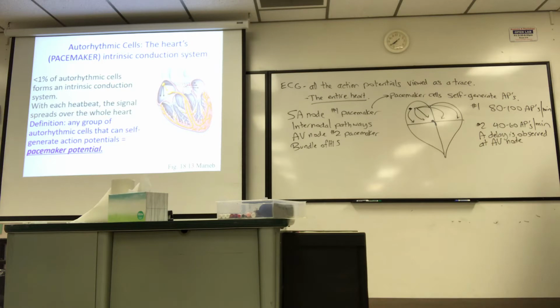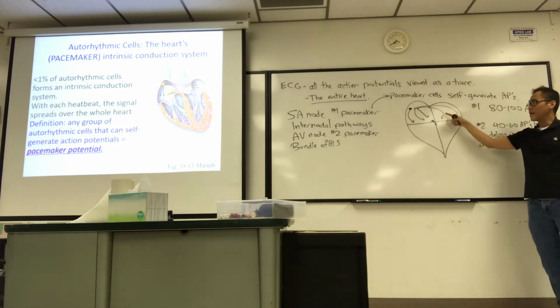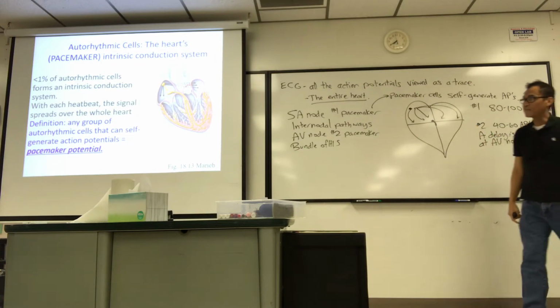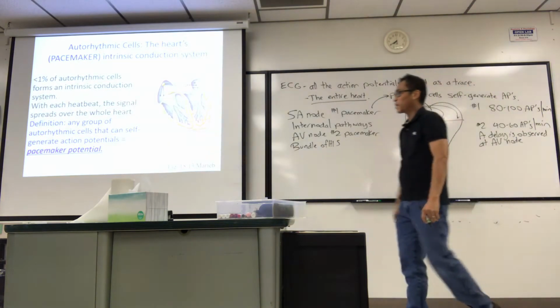And that's good, because if you recall, the atria contract before the ventricles by design. This is the design. You have a delay of the conduction getting down to the ventricles. The atria can finish contracting first, finishing the end of inflow.